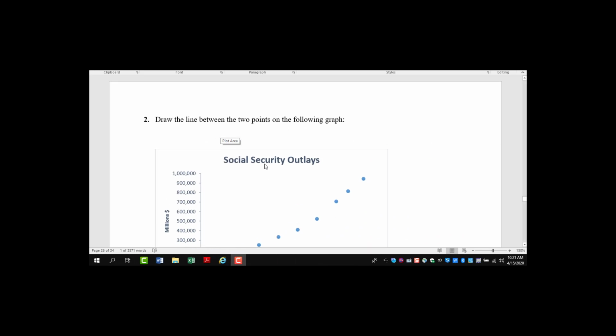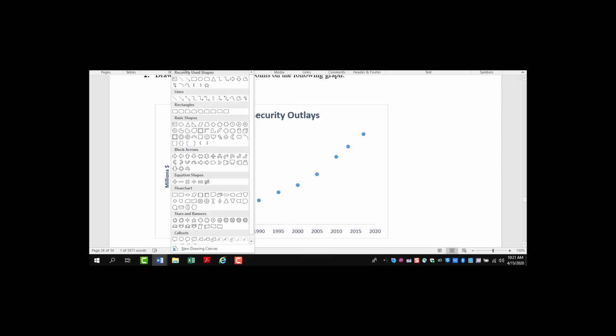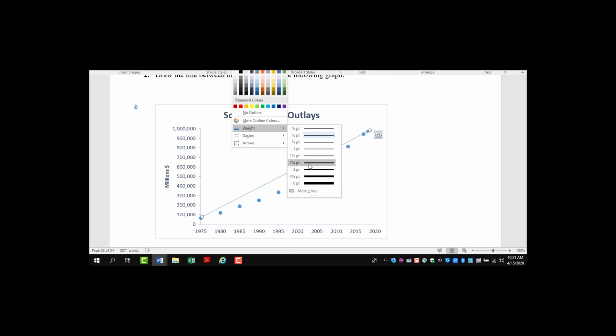So now we're going to draw a line between the same data set, between the first and the last data points. I can do that by shape outline, and weight to that.